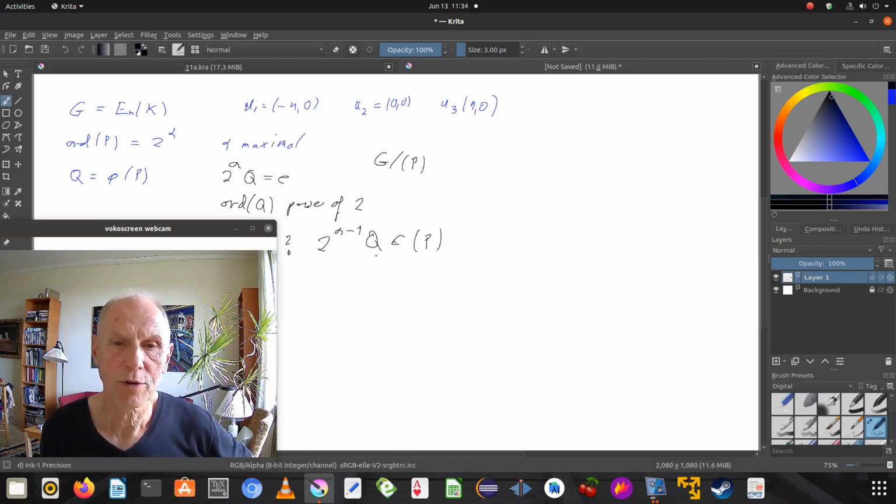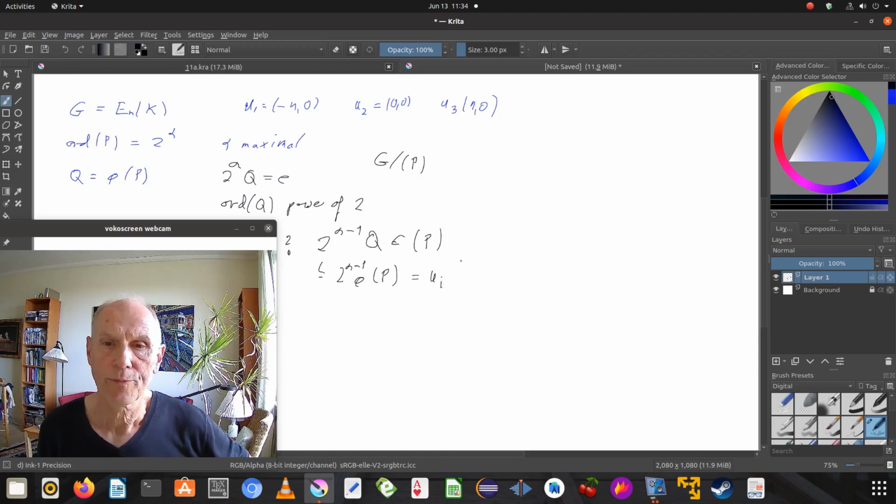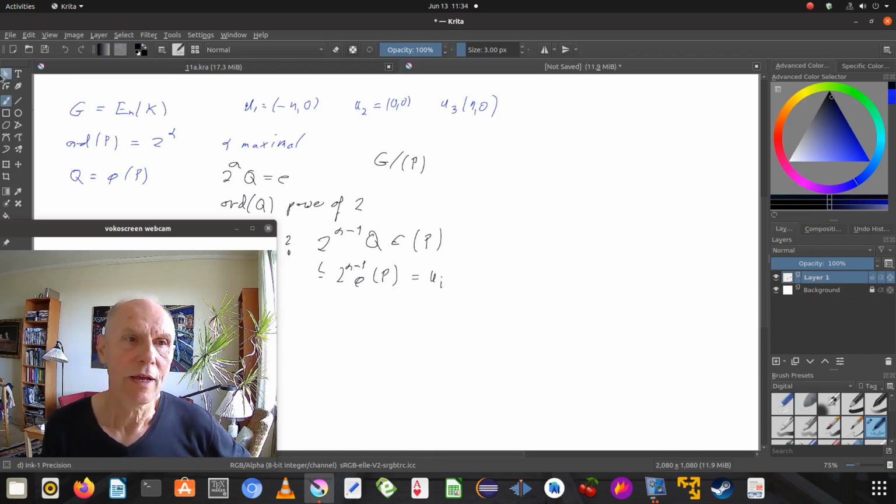This is a point of, it's of course equal to 2 to alpha minus 1 phi of P, and that means it's one of the points of order 2. And if it's one of these, then phi of it is the other point.